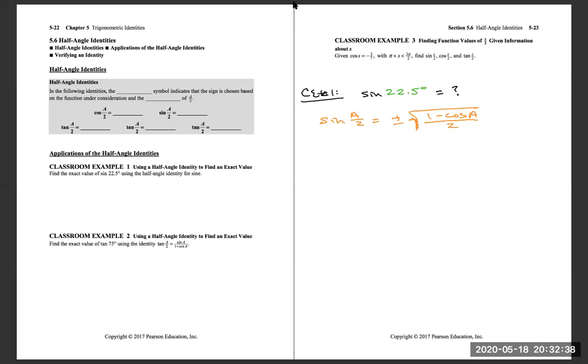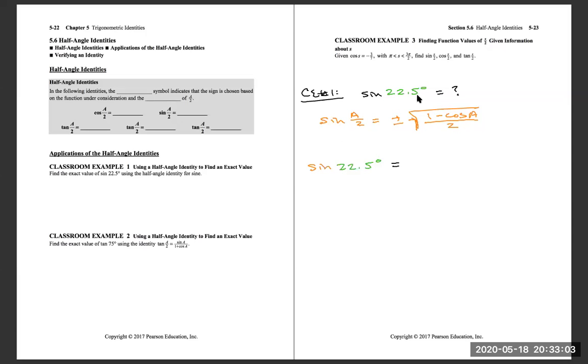All right. And then essentially from here, we're going to have sine 22.5 degrees on this side. Okay, so a few things when you pick your sign for sine.